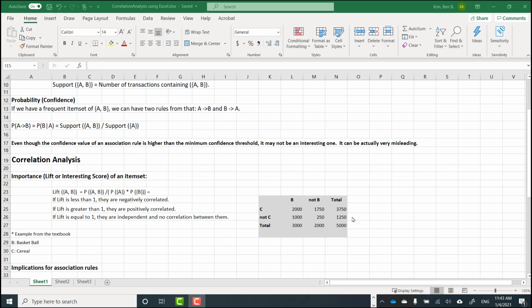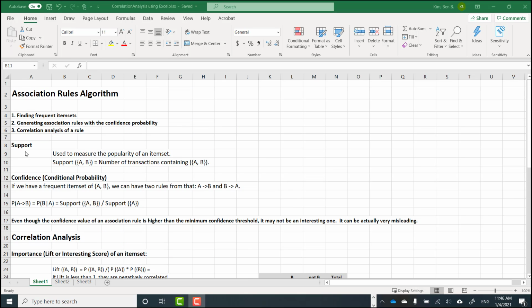So we're going to use the same example used in the textbook just a minute ago. I'm sure you remember the concept of support. Support is basically the number of transactions containing a certain item. If the number of transactions containing A and B is greater than or equal to min sup, the minimum support level, then we say that is a frequent item set.